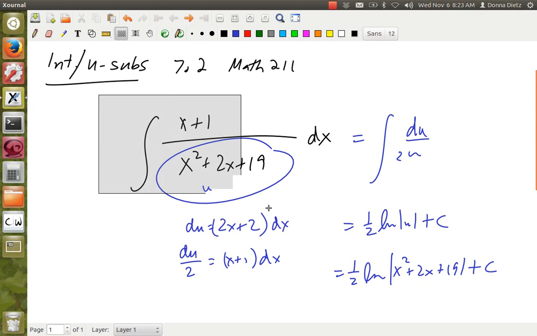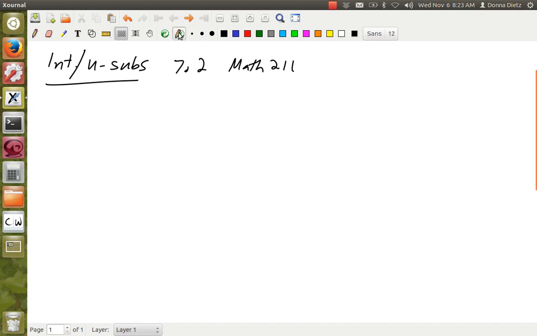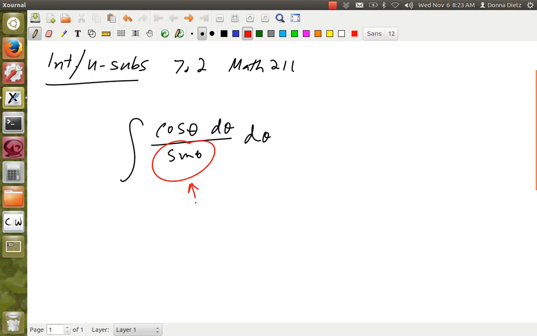And what else did we have? We had, did we do these yet? I think we did. Again, you just say, aha, it's f prime over f. Derivative of sine is cosine.